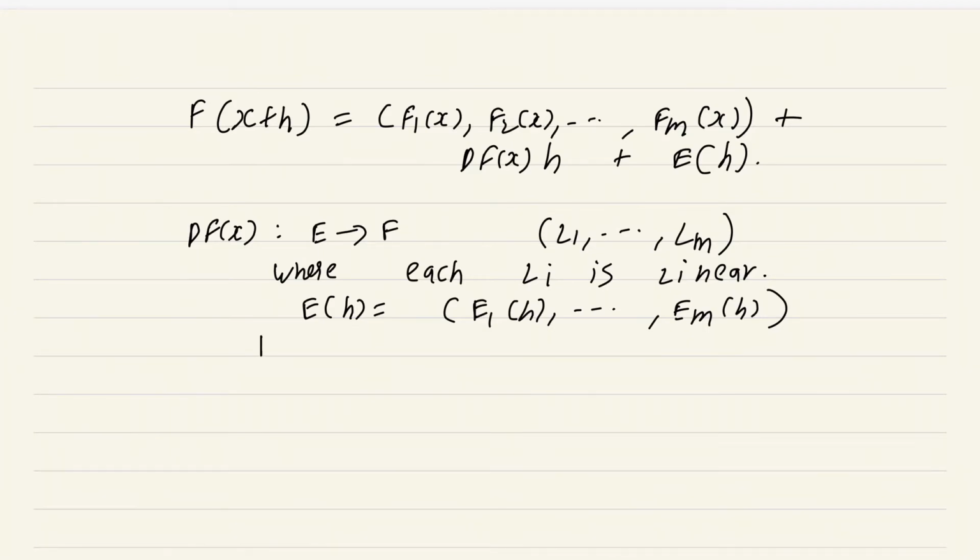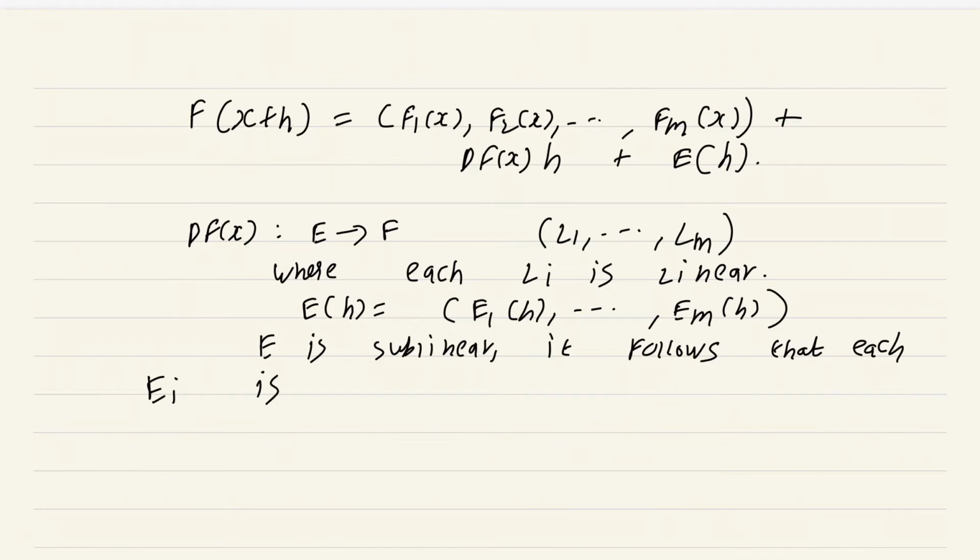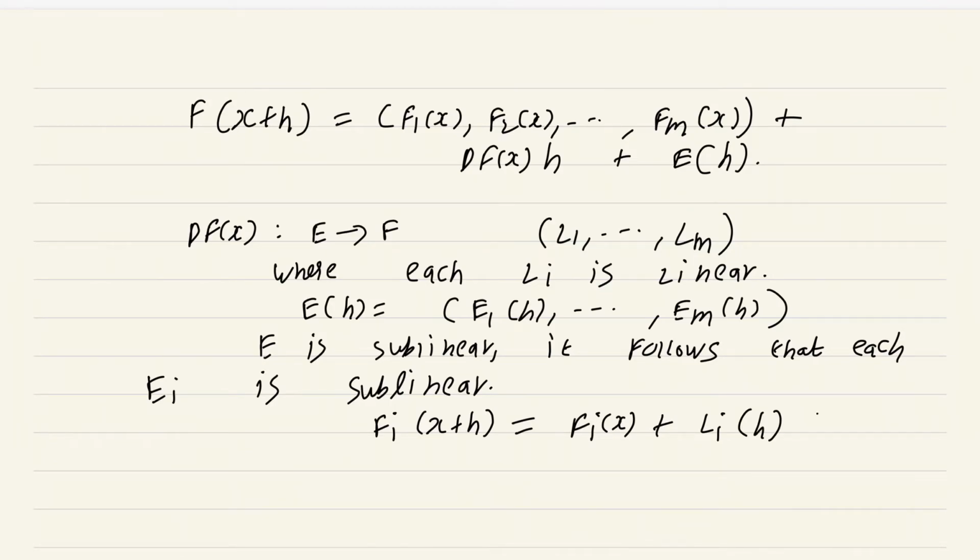Now because E is sublinear, it follows that each Ei is sublinear. This is utterly straightforward. Now putting all this together, what we get is fi of x plus h is nothing but fi of x plus Li of h plus Ei of h. This is just equating all the components.